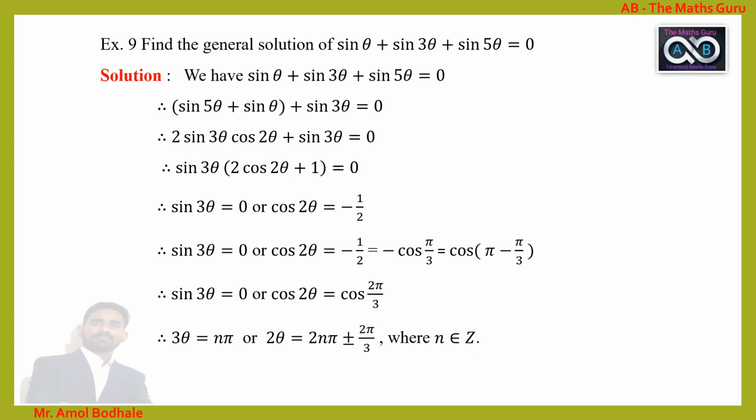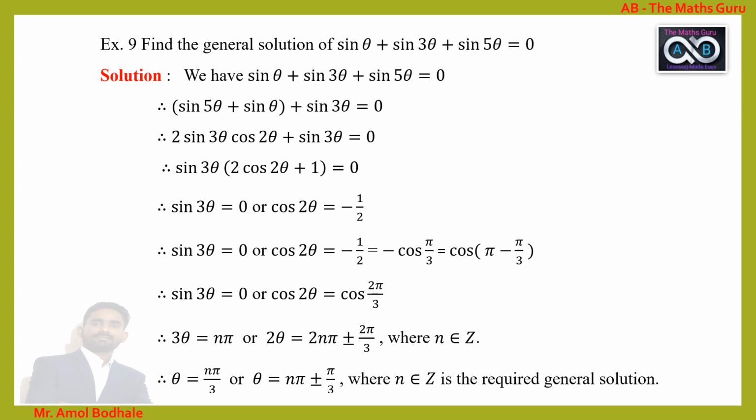Here theta is 2 theta and alpha is 2 pi by 3. So if we divide by 3, we get theta equal to n pi by 3, or if we divide by 2, we get theta equal to n pi plus or minus pi by 3, where n belongs to Z, is the required general solution.